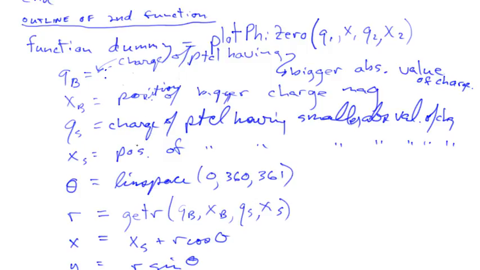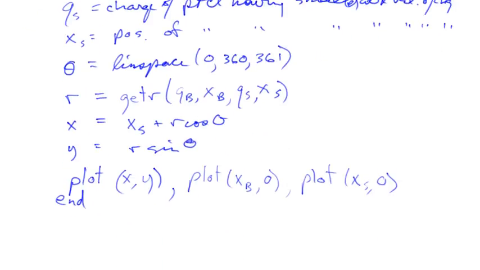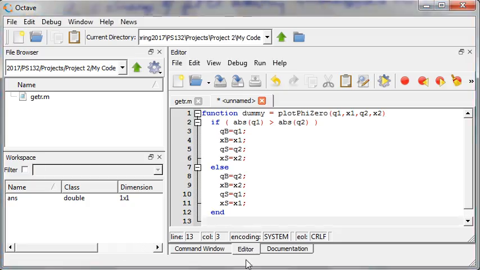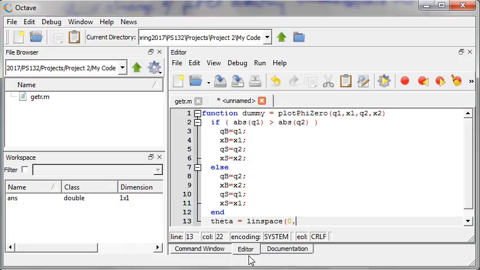easier. So I did this part, get the assignment straightened out, and then theta is equal to that linspace, get a bunch of theta values, and then the r values, I use that function that I just wrote to get the r values. So theta equals linspace going from 0 to 360 and producing 361 values.